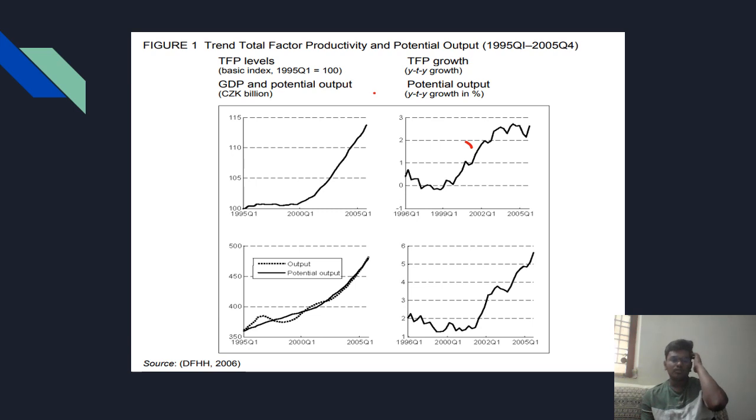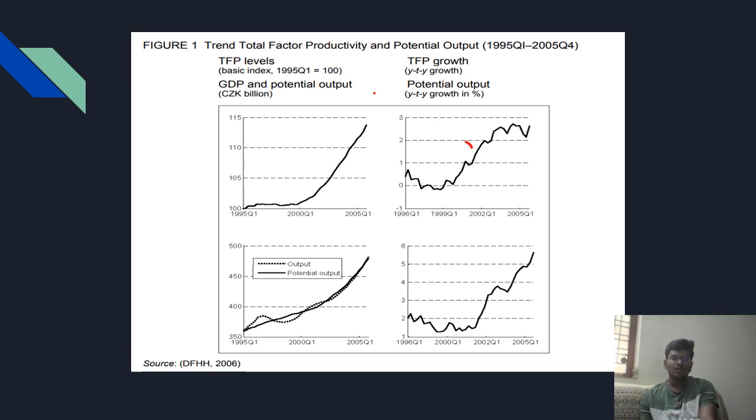So here is a figure of trend total factor productivity and potential output from 1995 to 2005, with four quadrants. TFP levels are shown as a basic index with 1995 equal to 100.